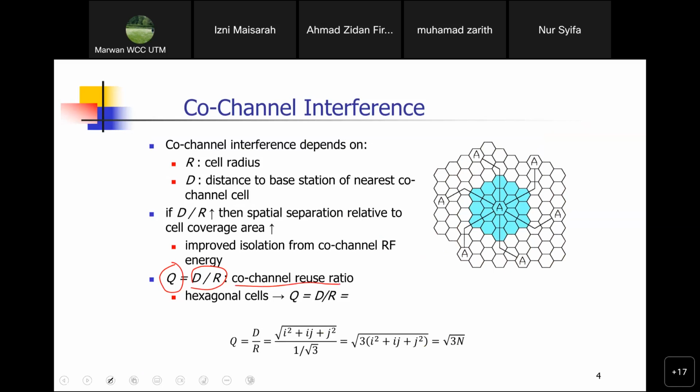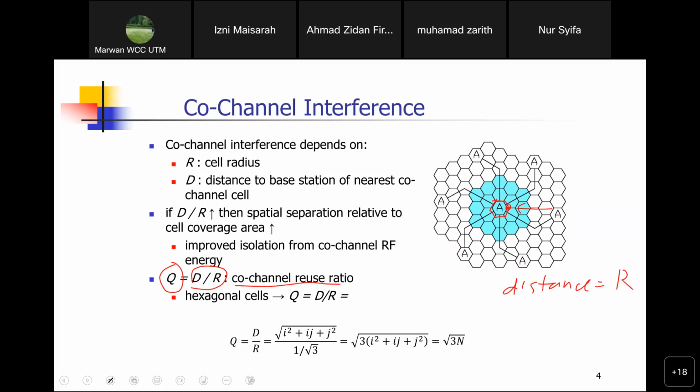Okay. So if you are inside here, and let's say we are computing at the cell H, around there. For a user at the cell H, the distance between the user and its tower is R, the radius of the hexagon.